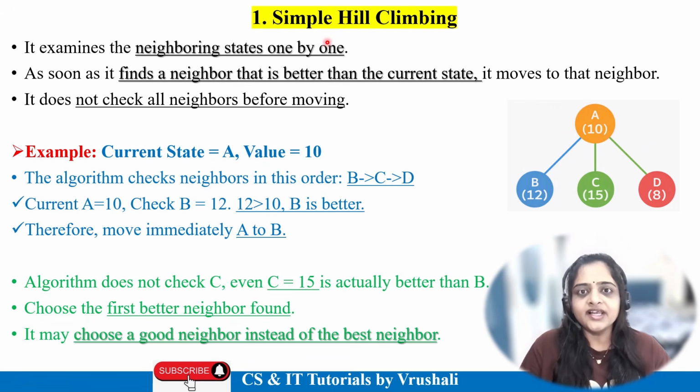But here the simple hill climbing algorithm chooses only the first neighbor node it visits, right? So that's why simple hill climbing chooses a good neighbor instead of the best neighbor, right? So you have to remember this concept. In simple hill climbing, from the current state, it moves to the first neighbor node, right?